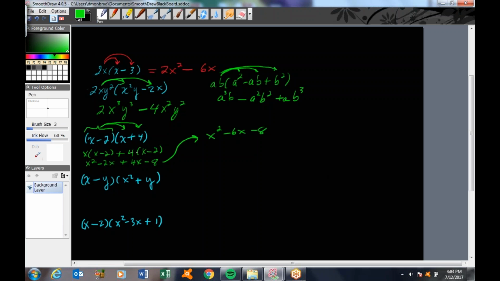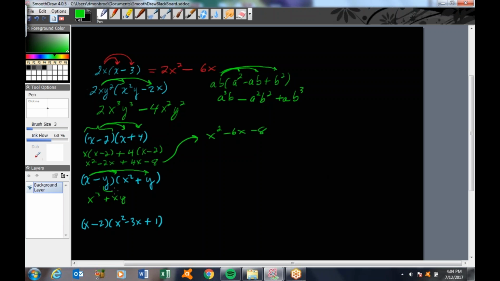you can do it like this, and this works, and sometimes is useful, but you can also just take it one step at a time, distribute this x across both of these in the same step. So in other words, I'll have x times x squared, which is an x cubed, and then I'll have x times a plus y, which is a plus xy.